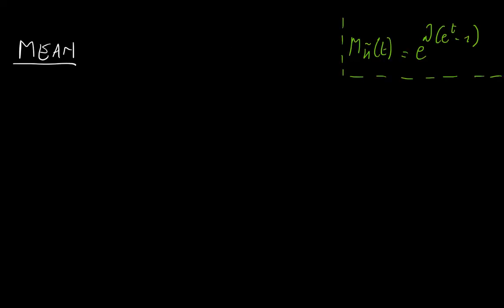At this point, we are able to get the moments of the random variable by taking the derivative with respect to t and then setting t equal to 0.